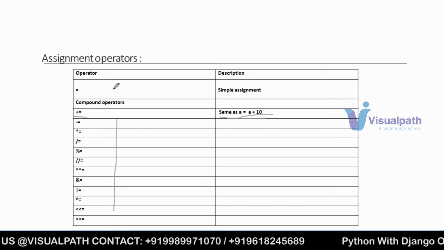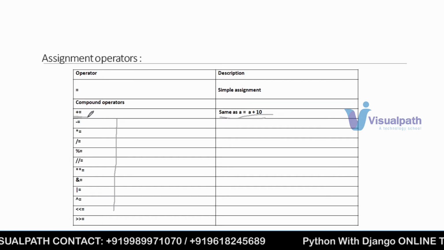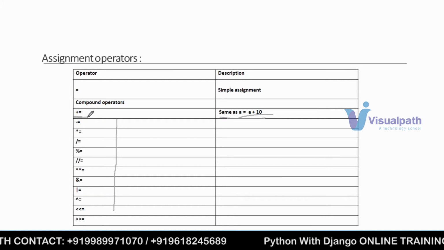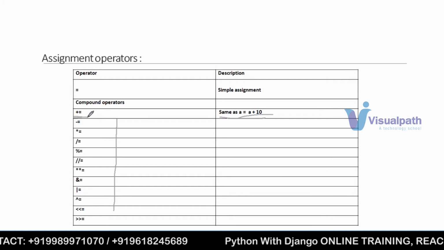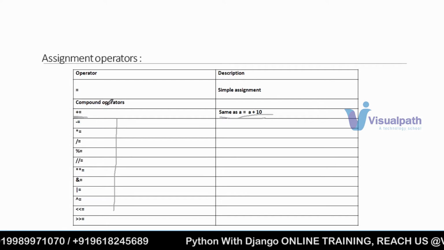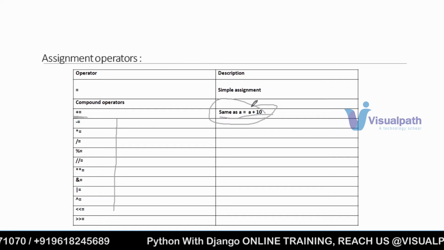Again, we never use this kind of stuff in our day-to-day programming. Same thing, it is for interviews, written tests, or certification exams only. Whenever you are programming, don't use these compound operators. If you want to use plus and equals to, use it only for readability purposes.